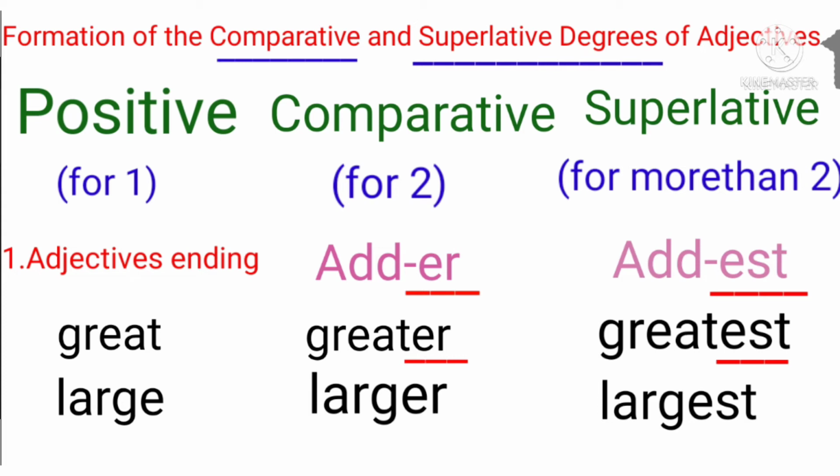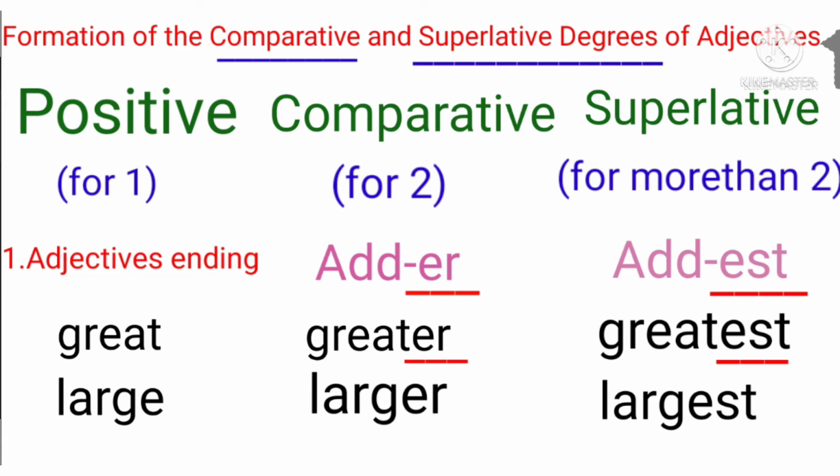Like here it is written, for most of the adjectives, those that end like this, here it is written great. So when you are comparing it with another great thing, a comparison between two things, we need to add er at the end of the positive adjective given, like great, large.